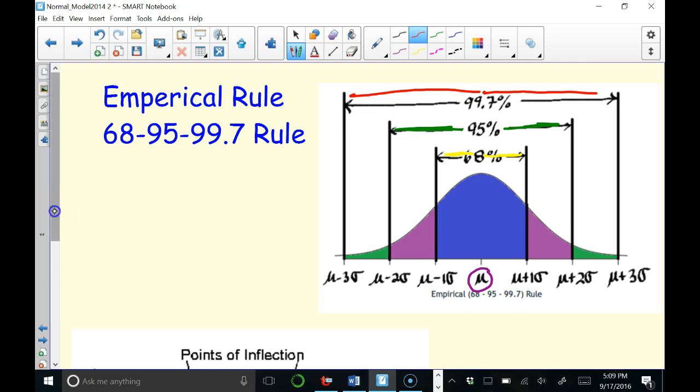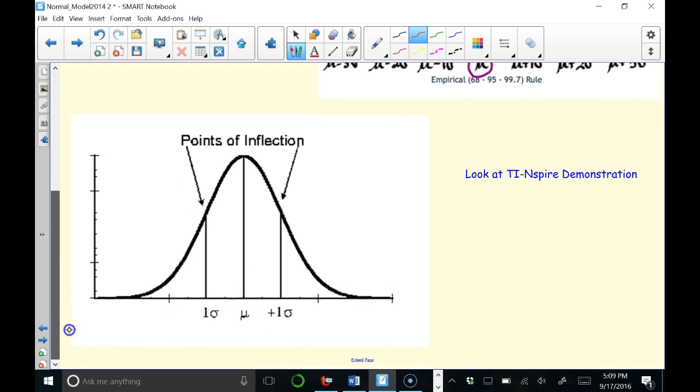Now, many times you want to be able to identify where 1 standard deviation from the mean is. One way to do this is to look for what we call in upper level math a point of inflection. This is where a curve goes from being concave down, if you think of it, like a cup that doesn't hold water, to concave up, where it would hold water.